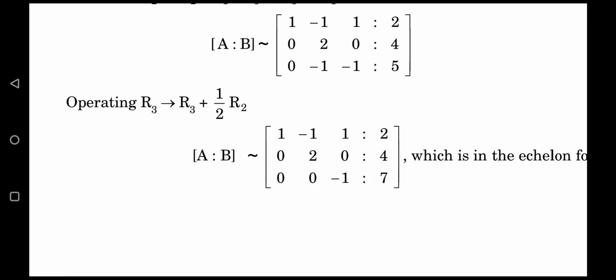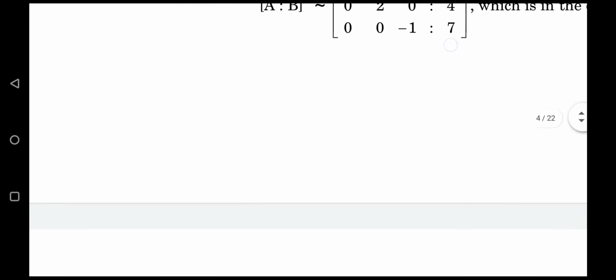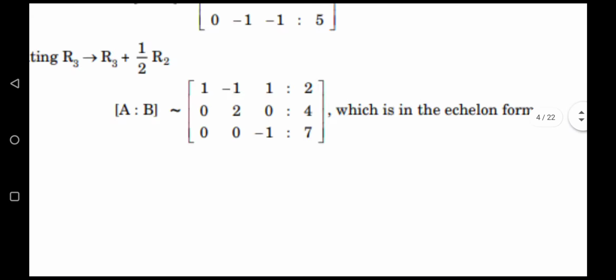The equation becomes x minus y plus z is equal to 2, equation 4. From the second row, 2y is equal to 4, that is y equal to 2, equation 5. From the last row, minus z is equal to 7, equation number 6.